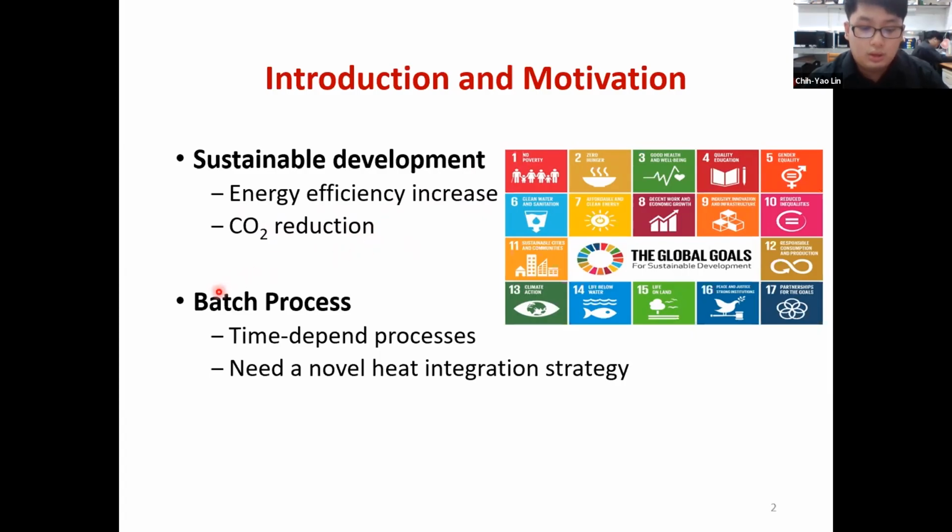consumption. In the past, heat integration for batch processes has been largely neglected because batch processes are time-dependent processes.